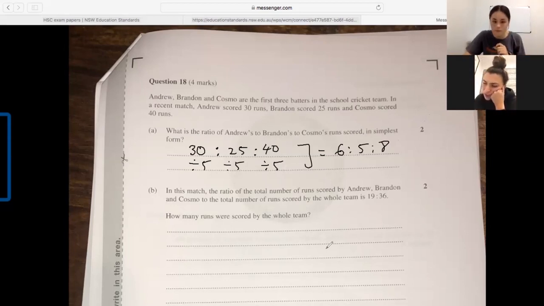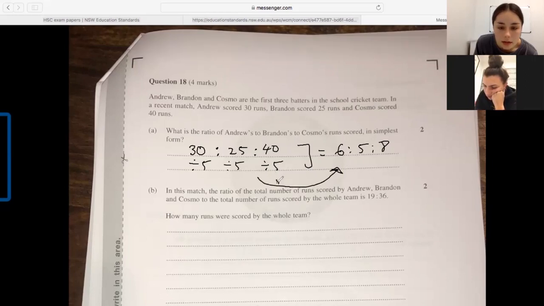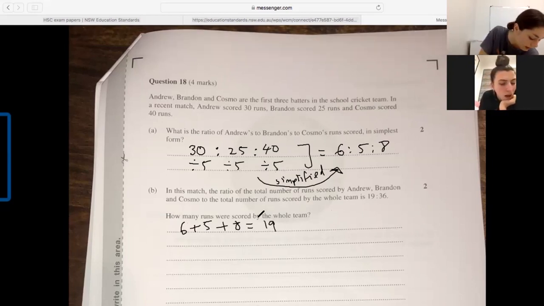Wouldn't you just go 19 plus 36? No. You know how we simplified from that to that? If you put in your calculator 6 plus 5 plus 8, it should equal 19.